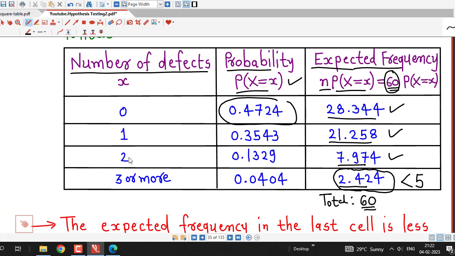So for that I have to combine these two categories. If I combine these two categories, the number of defects I will write as 2 or more. I will write the categories in this way now: 0, 1 and 2 or more. So I will reduce one category here because this is less than 5, and I will take the addition of these two expected frequencies. That I have written in the next table.